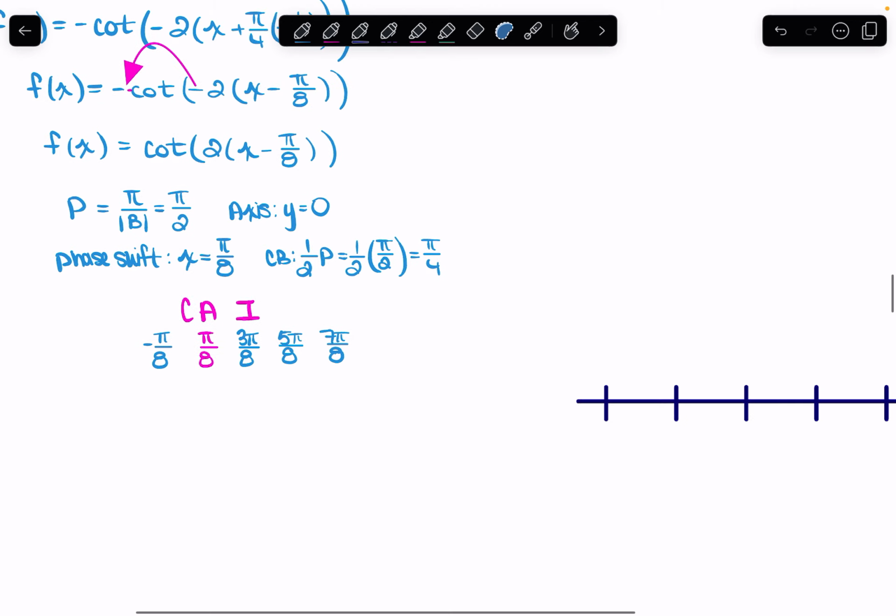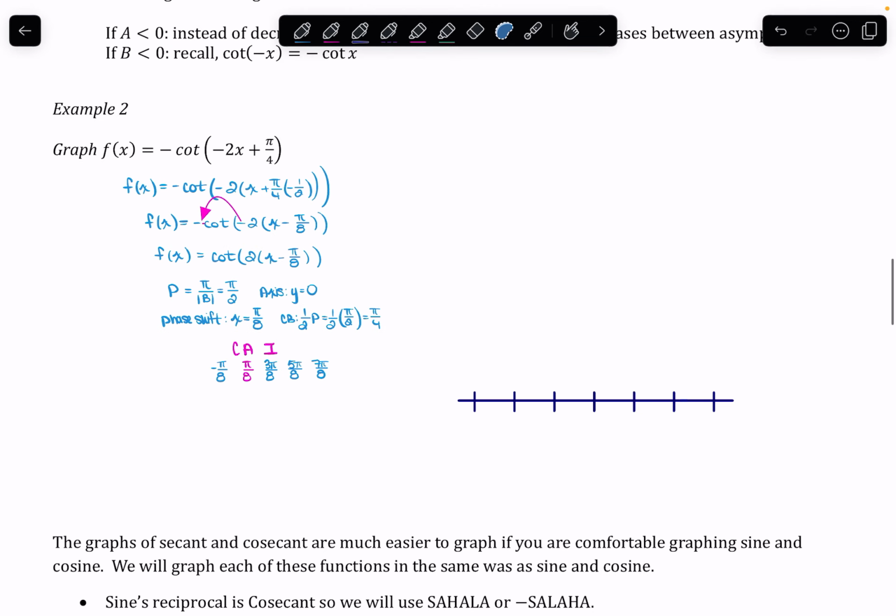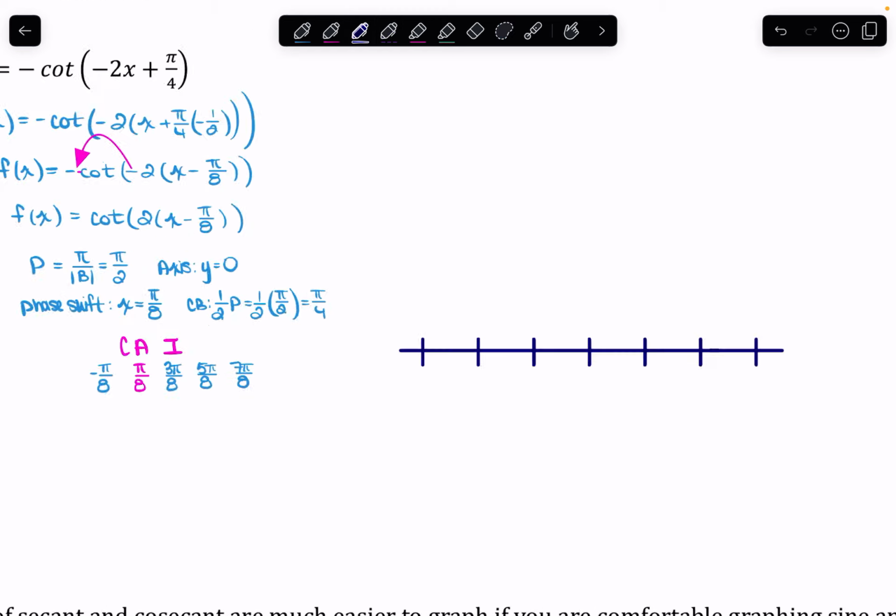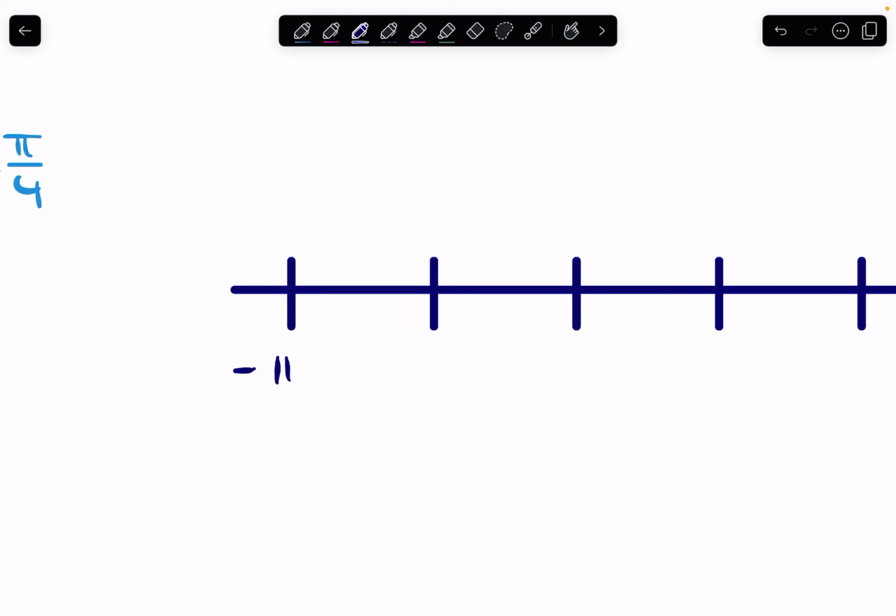All right, graph. Made the graph a little bit bigger. All right, let me get them all labeled first. So negative pi over 8, positive pi over 8, 3, adding 2.